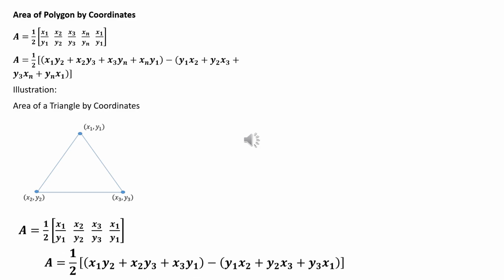Of course, we have the formula for the area of a triangle given its coordinates. The area is equal to 1 half times x sub 1 y sub 2 plus x sub 2 y sub 3 plus x sub 3 y sub 1 minus y sub 1 x sub 2 plus y sub 2 x sub 3 plus y sub 3 x sub 1.